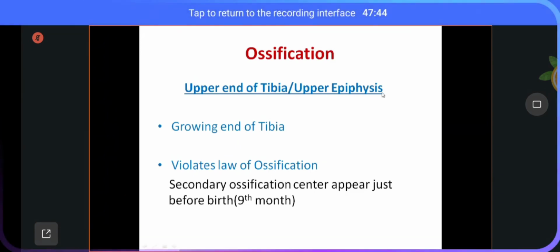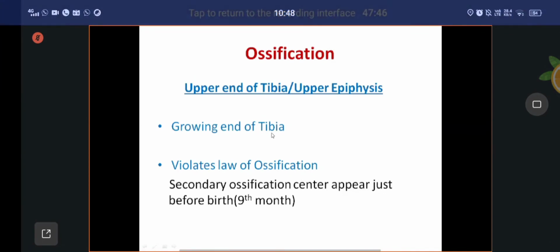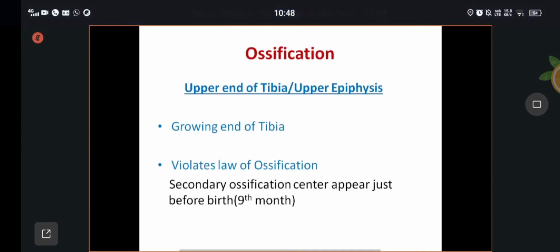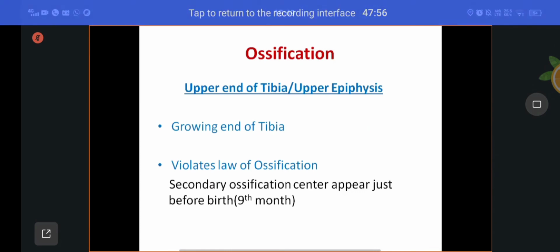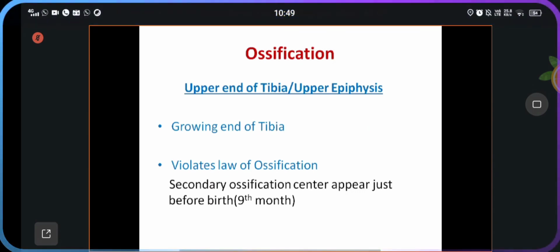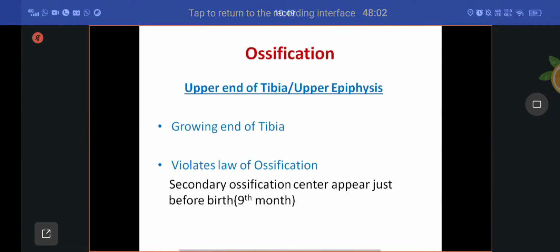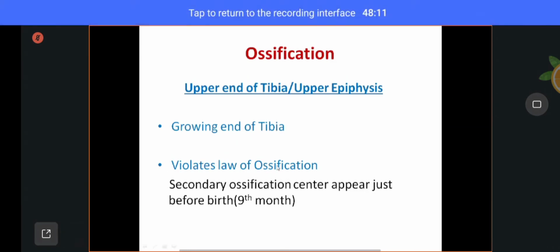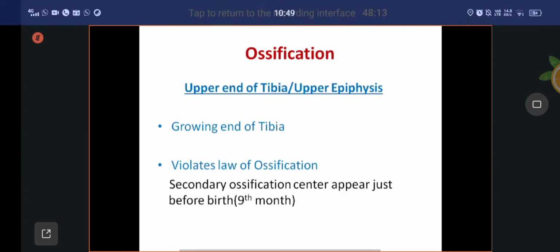Two important things as far as ossification is concerned, for the upper end of tibia or upper epiphysis. One thing is, it is the growing end of the tibia because the epiphysis appears first and fuses with the diaphysis last. The growing end is decided by two things: the direction of the nutrient foramen and the time of fusion of epiphysis with the diaphysis.